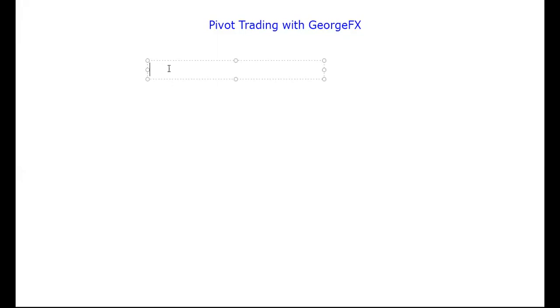So the formula for pivot trading is you add the high plus low plus close. You have your total. Then you divide the total by 3.